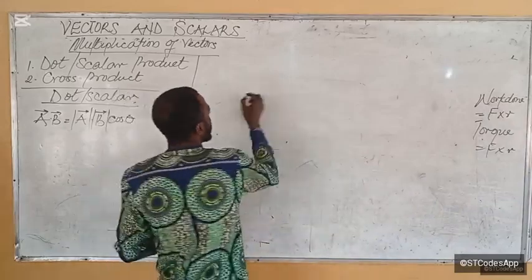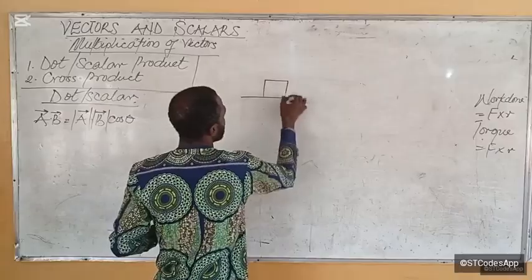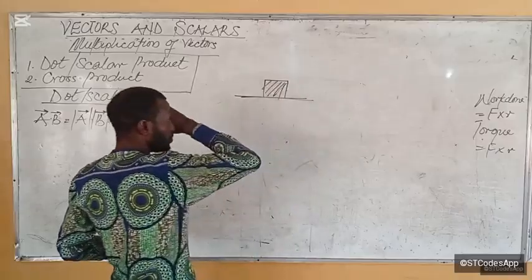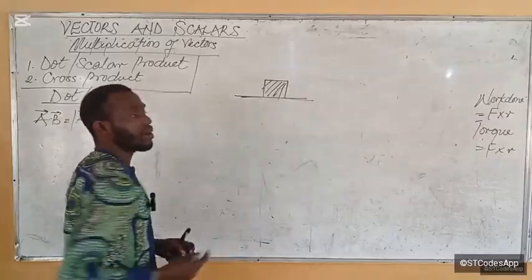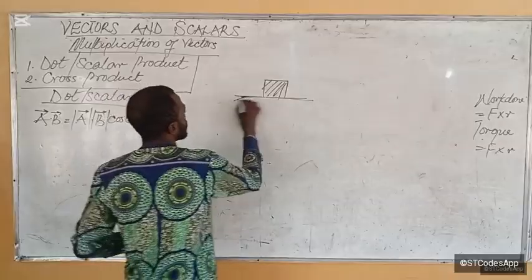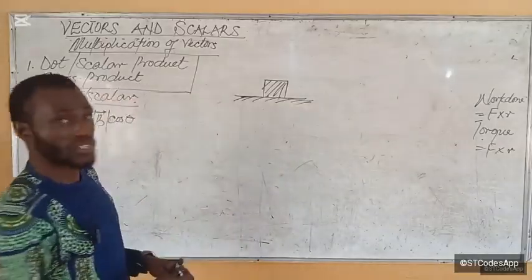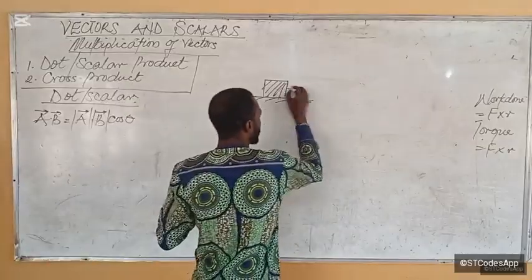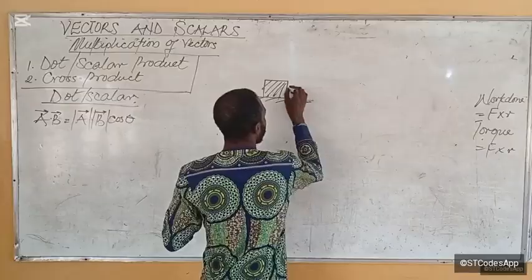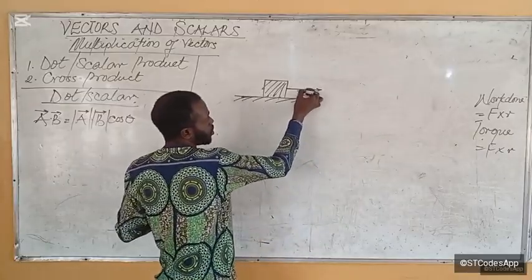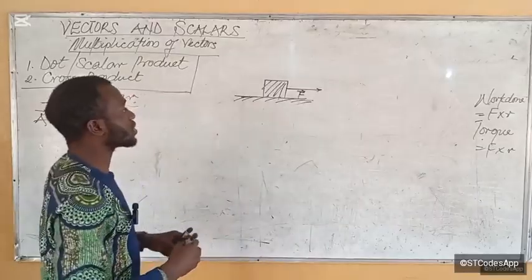Now if I have a body of mass M on this horizontal floor like this, and a force is applied in this direction to pull it, so a pull is applied on this body.